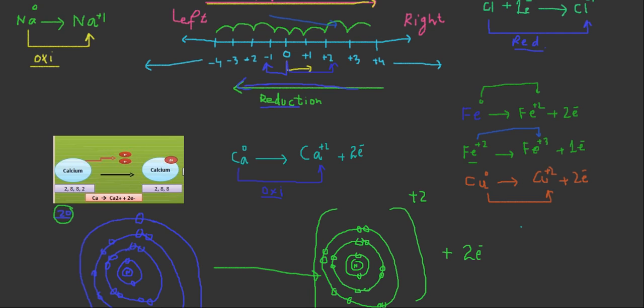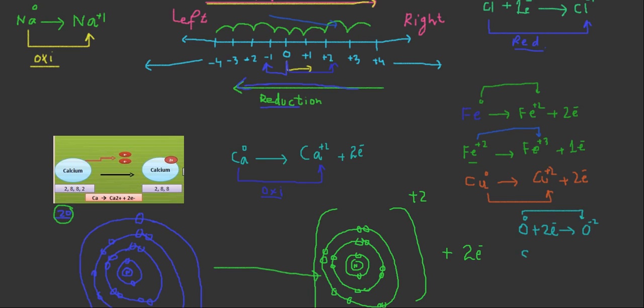Now if we have an oxygen atom and it gains 2 electrons, it would be converted into oxygen ion. This is known as reduction because you are moving from 0 to minus 2. Hence it is showing a decrease in oxidation state, so it is reduction.